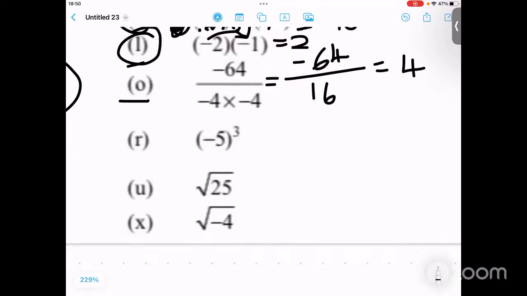No. Wait, whoever is saying no, just hold on. Keep your mic muted. I just want to hear what Reference is saying. Reference, can you start again? I couldn't hear you properly. Negative 64 plus negative 4 times negative 4 equals negative 8.